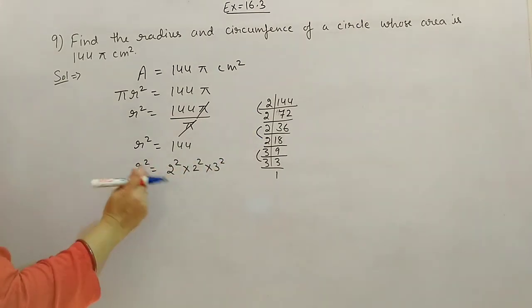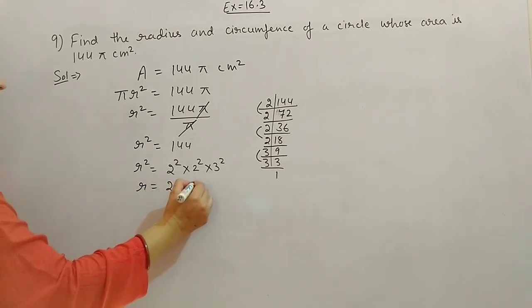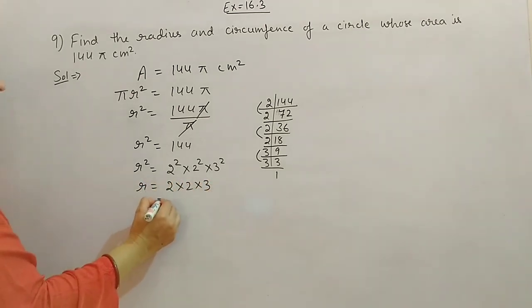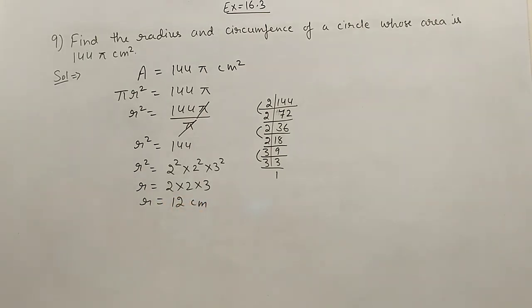All the powers are the same, so we can leave them. R is equal to 2 into 2 into 3. The r value is 12 centimeter. It means the radius is 12 centimeter. Directly also you can do it: 144 you can write as 12 square and directly r is equal to 12 centimeter. After this you have to find out the circumference.